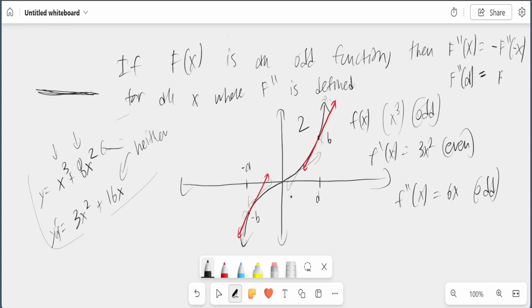So if it's concave up 2, what do you think this is? The negative a. What do you think the concavity is? Actually, we can find the exact concavity right here. A, let's say it's 6a. What do you think it is for negative a?